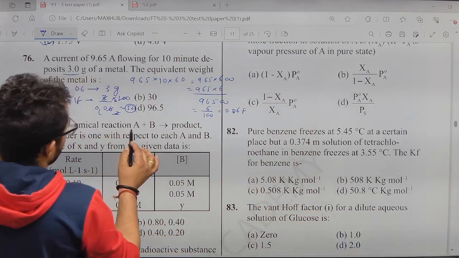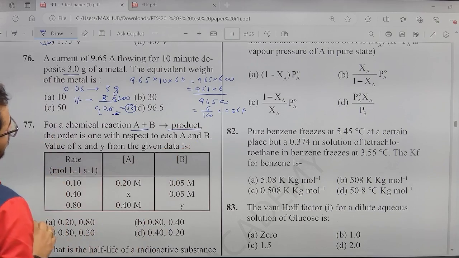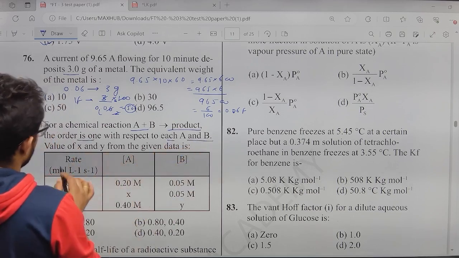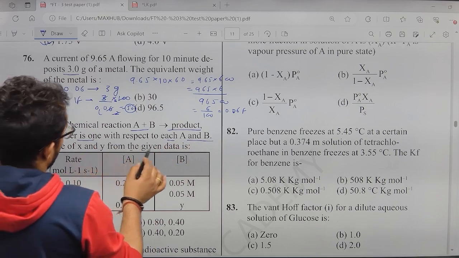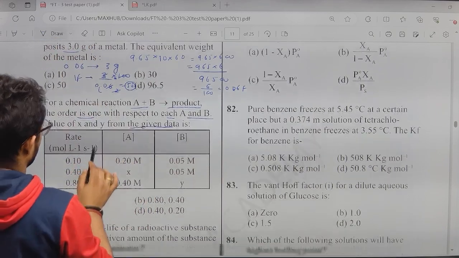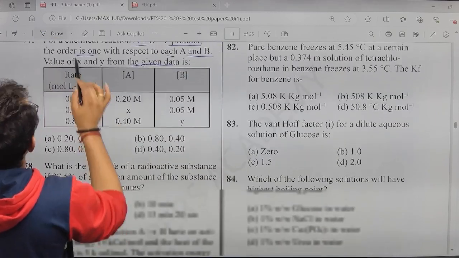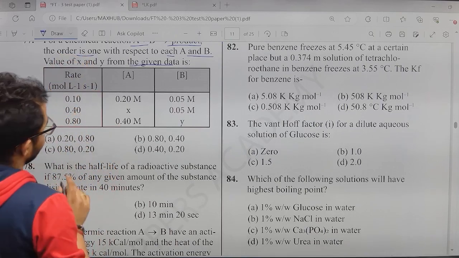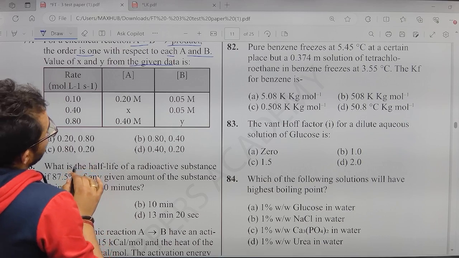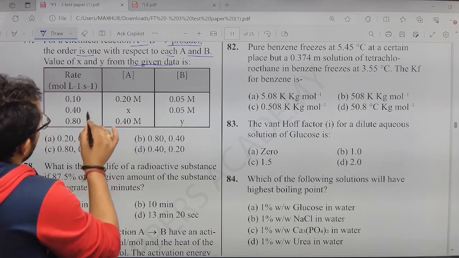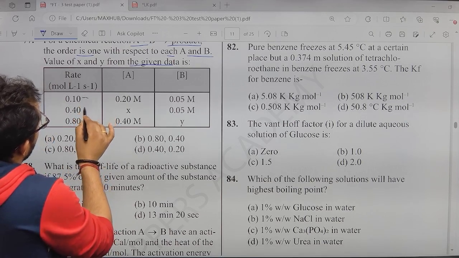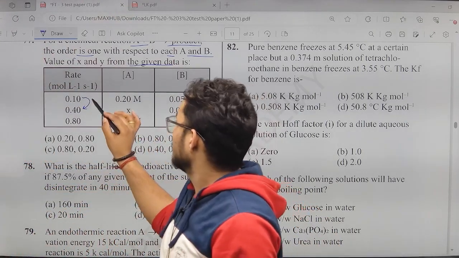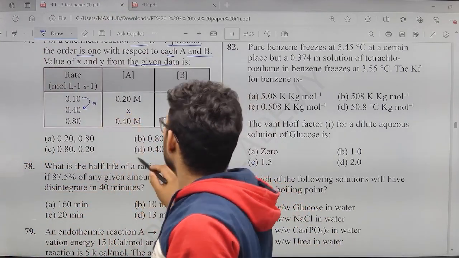For a chemical reaction A plus B gives product, the order is 1 with respect to each A and B. Find the value of X and Y from the given data. If you are taking 4 times, that means you are multiplying by 4.